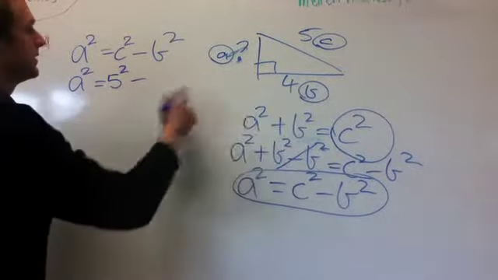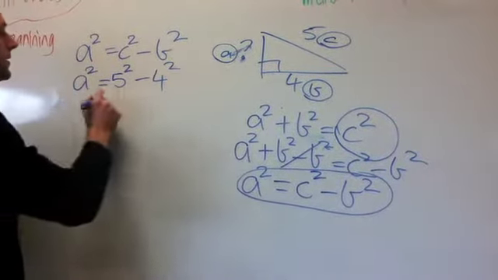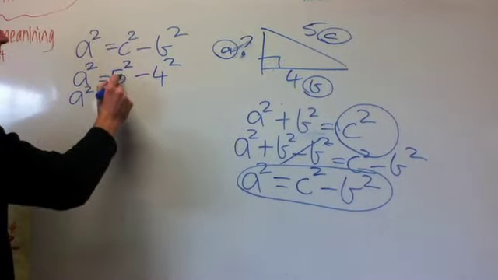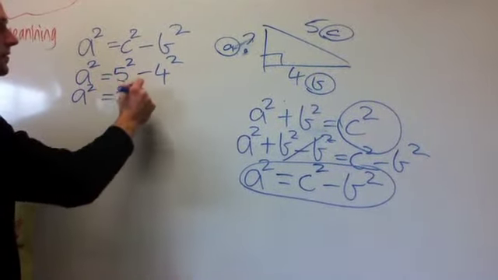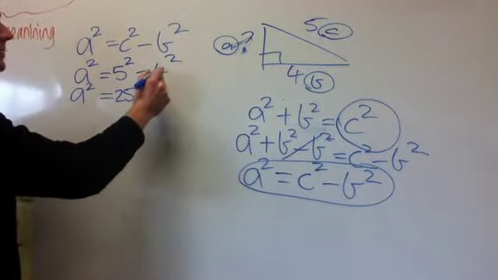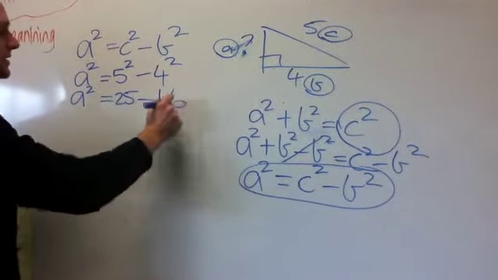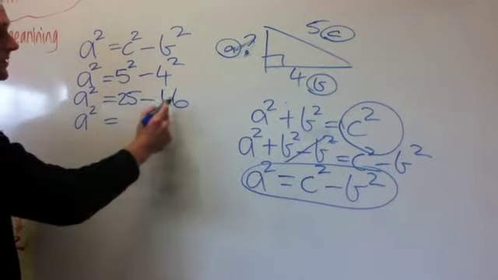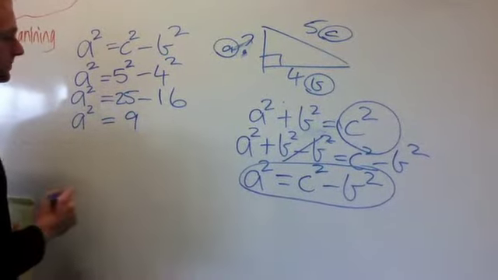And b squared is 4 squared. So, if we work this out, a squared equals 5 squared, which is 5 times 5, which is 25. And 4 squared, which is 4 times 4, which is 16. Therefore, a squared equals 25 take 16, which is 9.